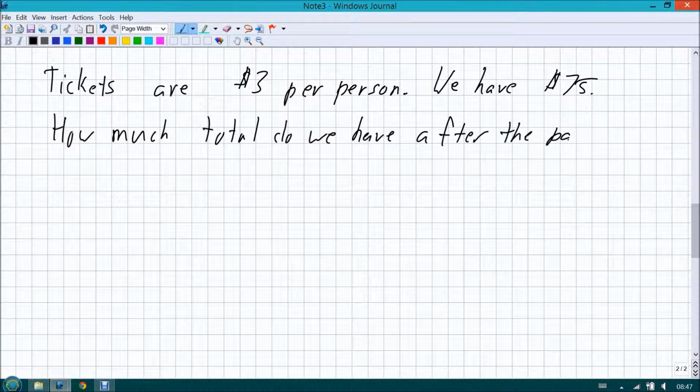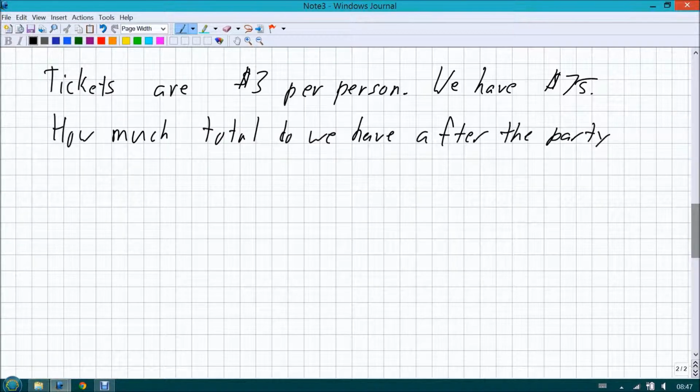Well, to answer this question, we would first have to know how many people go to the party, how many people buy a ticket, right? And we're going to assume that the $75 is after all the costs of the party, right? We have $75 in the account after we start the party, and it's $3 per person to go.